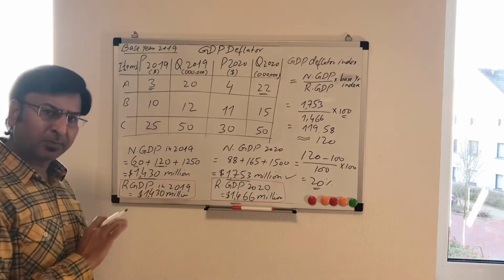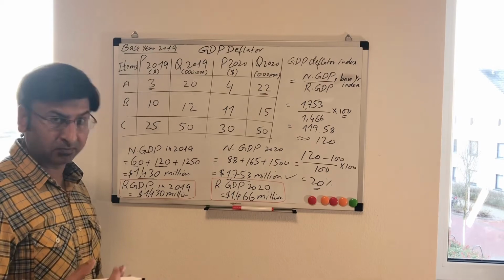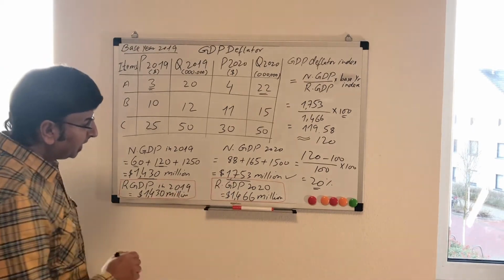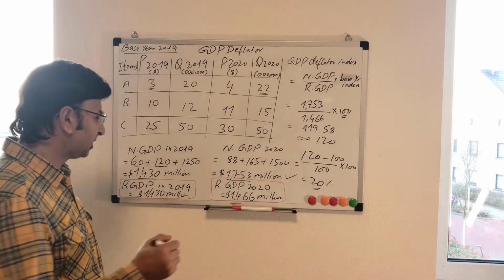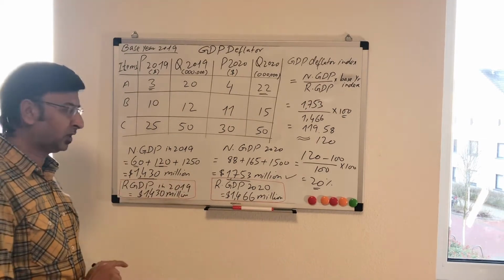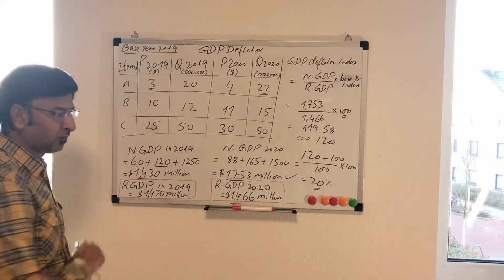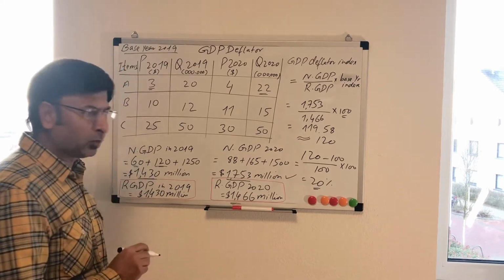If you calculate the percentage change, or if you want to calculate the growth rate, we can call it economic growth as well, that would be around 22.5%. 1,753 minus 1,430 divided by 1,430 times 100, approximately 22.5%.